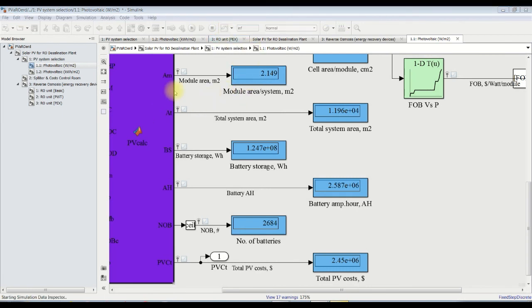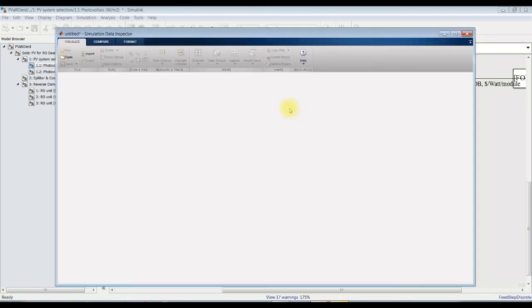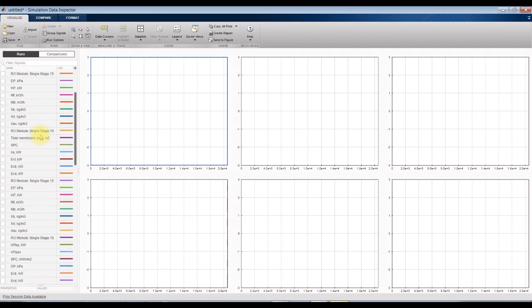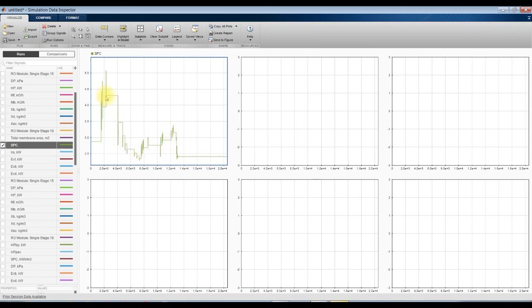Now we are going to see some curves. Okay, for this run, I think this is, yes, this fluctuation of the specific power consumption, because we are going to increase and decrease productivity, and at the same time increasing the number of pressure vessels.